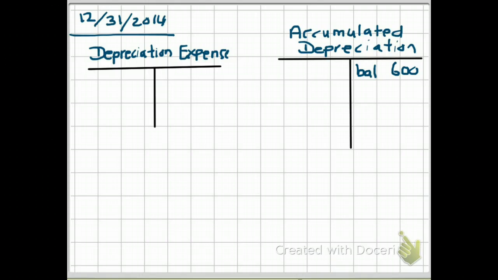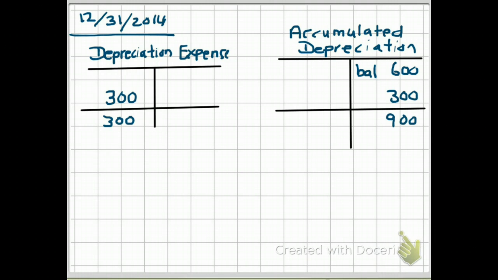Remember, this is your third year. You had a $600 balance in your accumulated depreciation. Now it's time to do your adjusting entry. Your adjusting entry is going to be debit 300 for depreciation expense, credit 300 for accumulated depreciation. Now let's take the balance on both accounts. The balance on your accumulated depreciation is now $900.